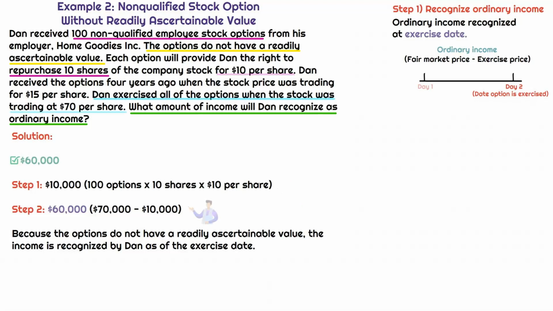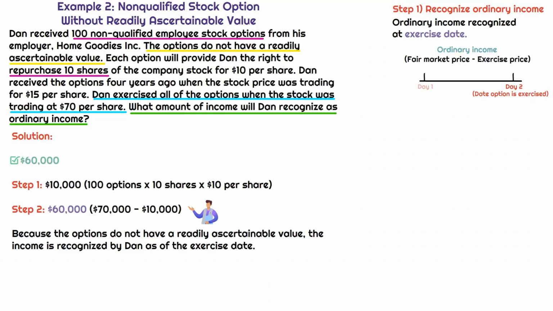So because the options were exercised when the stock was trading at $70 per share, we're going to have a gain of $60 per share. Okay, so $70,000 would result from the same 100 options converted into 10 shares at $70 per share. So the difference between that exercise price and the fair market value of the stock would be $60,000.